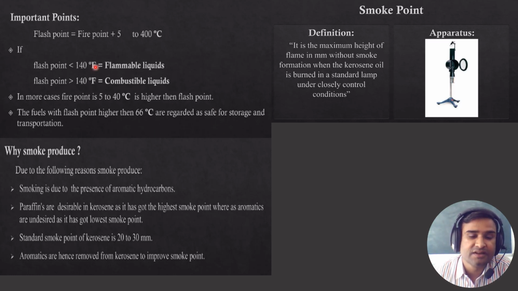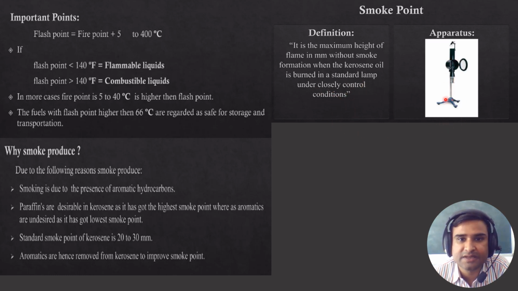Next, we will come to know about the smoke point. As the name suggests, a flame height is measured without any smoke. You can see the definition: it is the maximum height of a flame in millimeters without smoke formation when kerosene oil is burned in a standard lamp under closely controlled conditions.